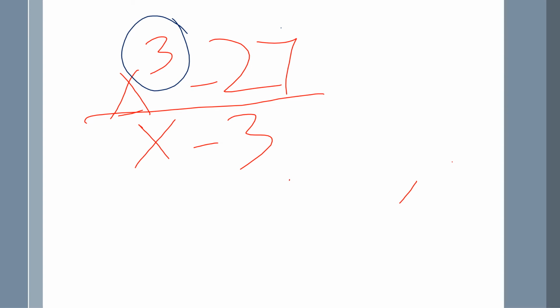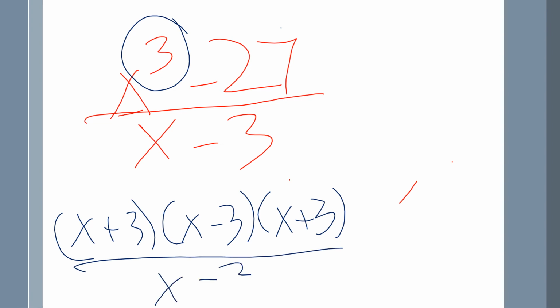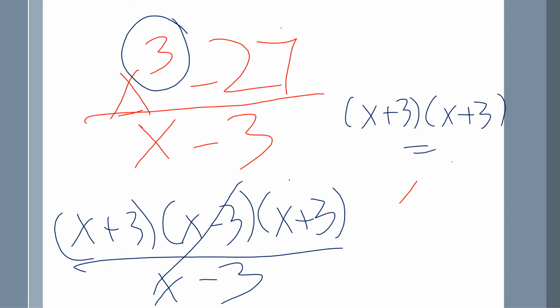So x plus 3, x minus 3, x plus 3 over x minus 3. Guess what's going to cancel out? x minus 3. So you're left with x plus 3 and x plus 3, which you could say is x plus 3 squared. There's no other way of saying that.